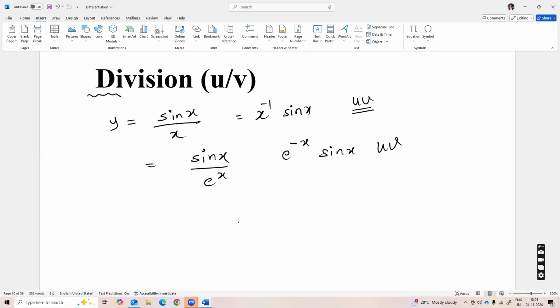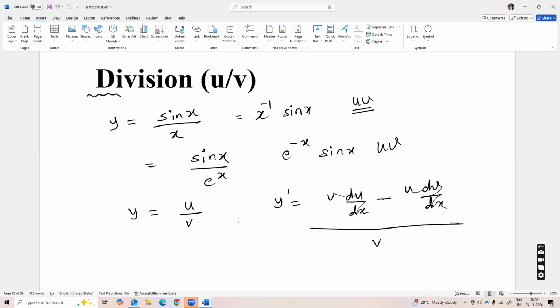So if y is equal to u by v, then y dash is given as v into derivative of u minus u into derivative of v, divided by v square. Okay, so this is the formula.